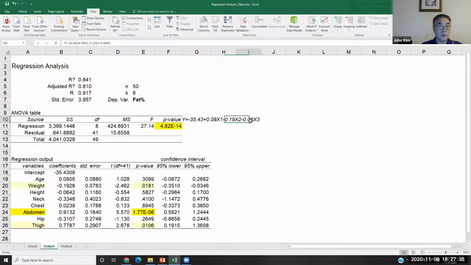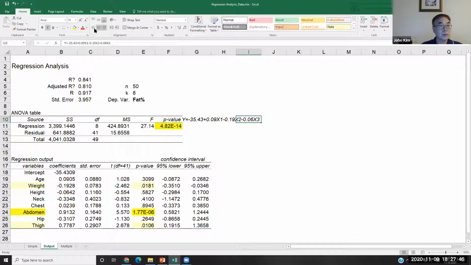I will not write everything. So x1, x2, x3, x4, 5, 6, 7, 8. You write the slope and x1, x2, x3, and so on. So you can develop the equation like this.